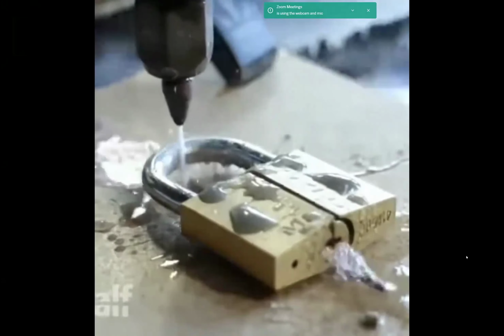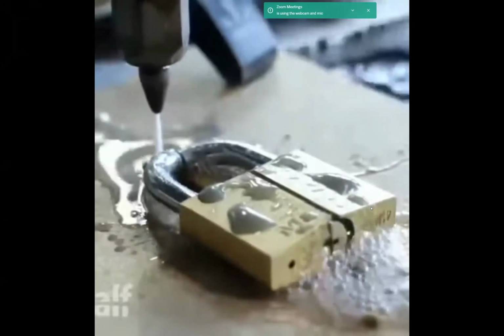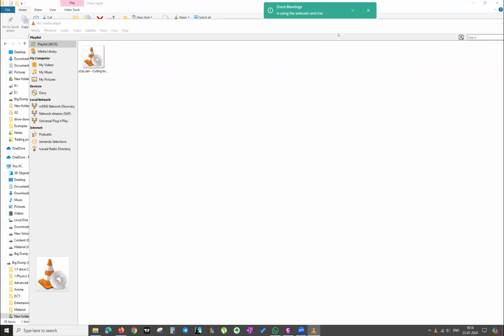You can clearly see, it just slices like a knife going through butter. So it's called water cutting.